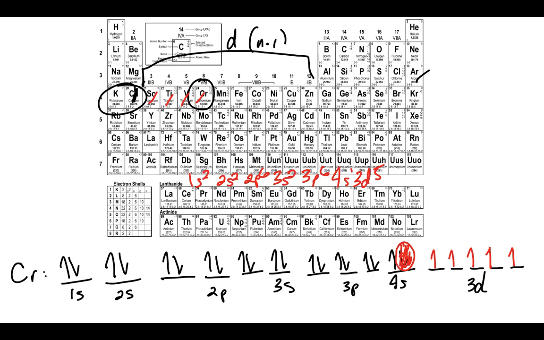And so it ends up being more stable if you just take one of the electrons out of 4s and use it to fill that last spot in the last 3d orbital.